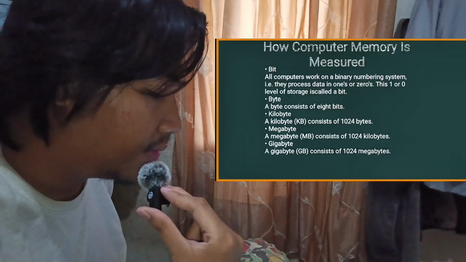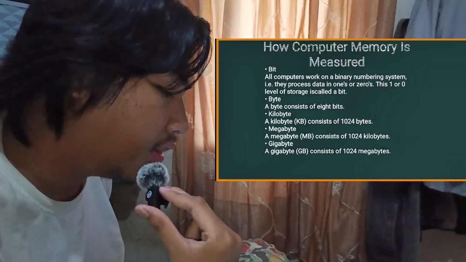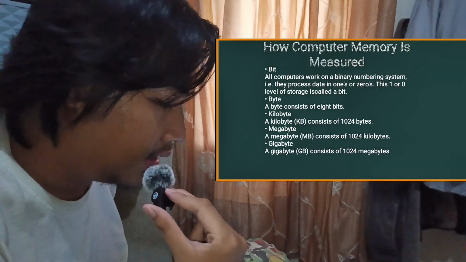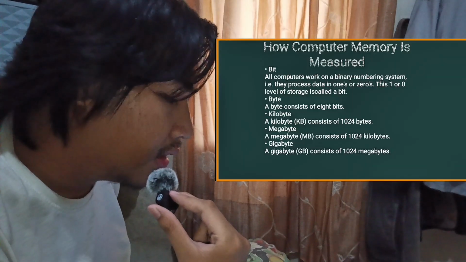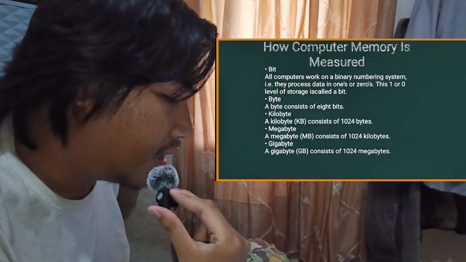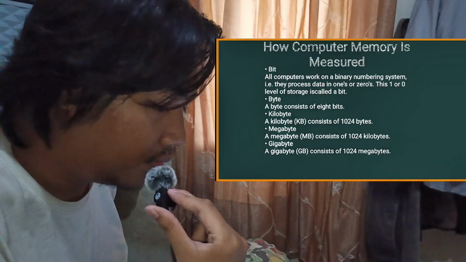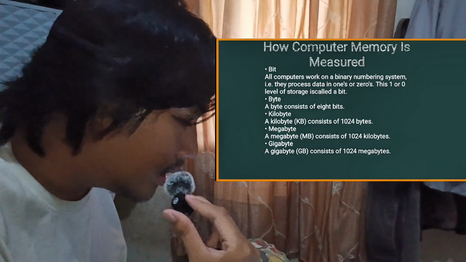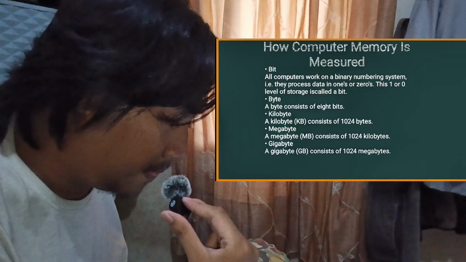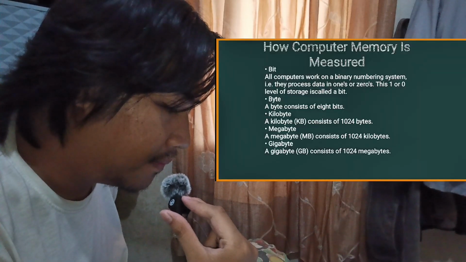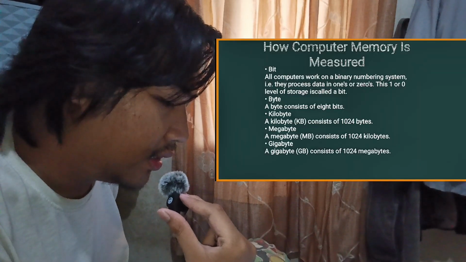And the next page is how computer memory is measured. All computers work on a binary numbering system. They process data in 1 or 0. This 1 or 0 level of storage is called a bit. A byte consists of 8 bits.